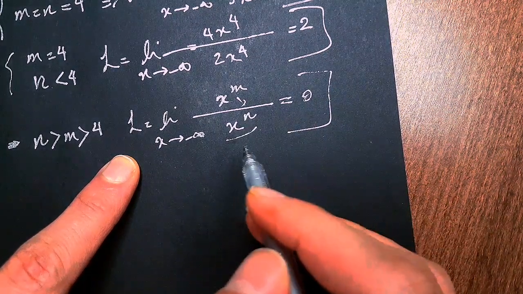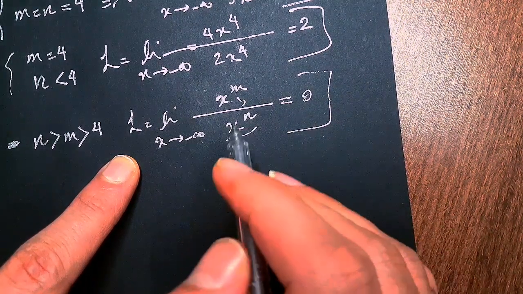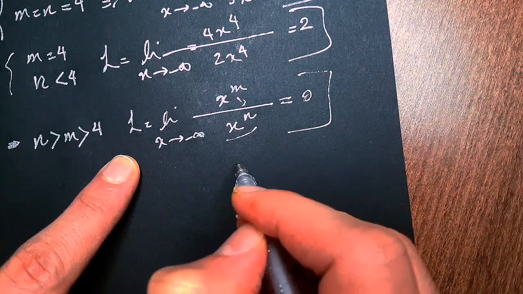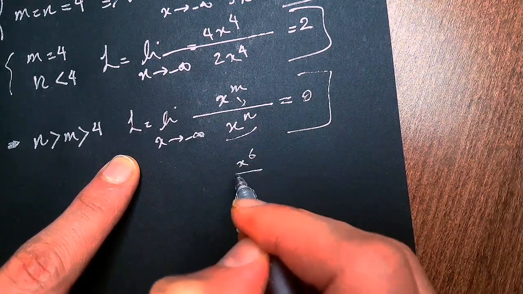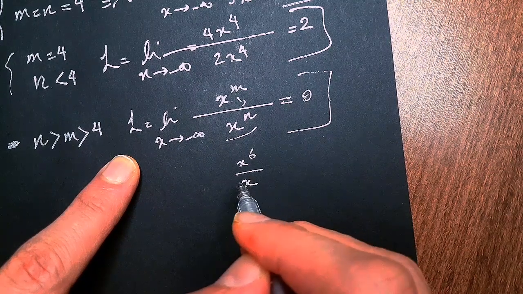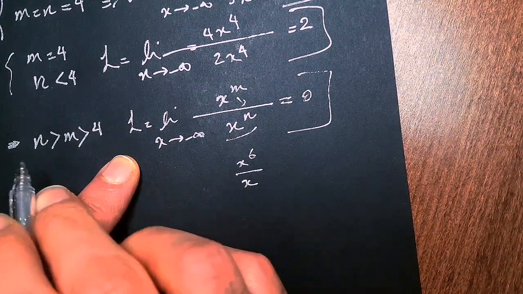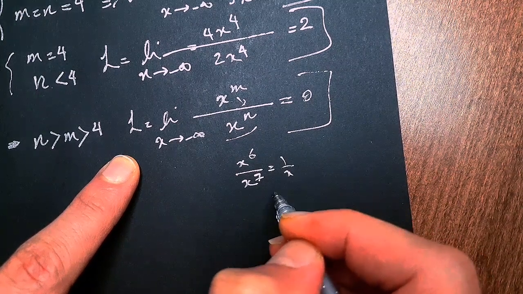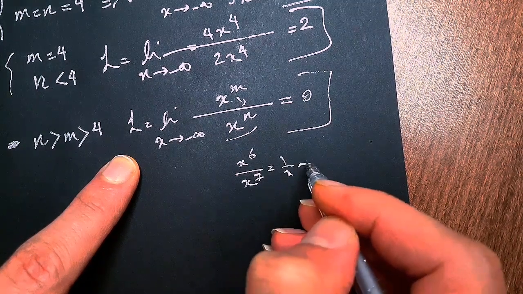For instance, if m is 6, so x to the 6 over x to the n, and n can be higher, like 7, this is 1 over x. So when x goes to minus infinity, this goes to 0.